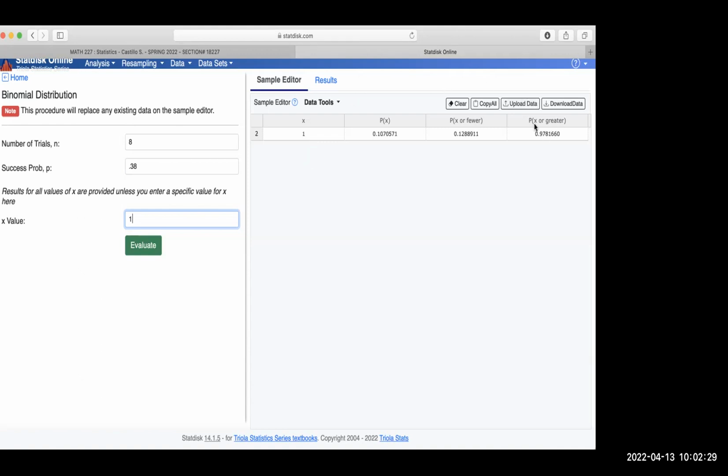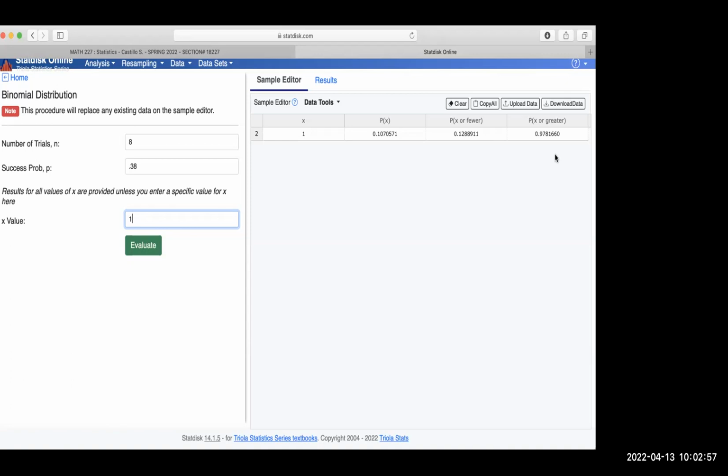If you do that, you look over here, and you see that the probability X is greater than or equal to 1 is 0.978166.